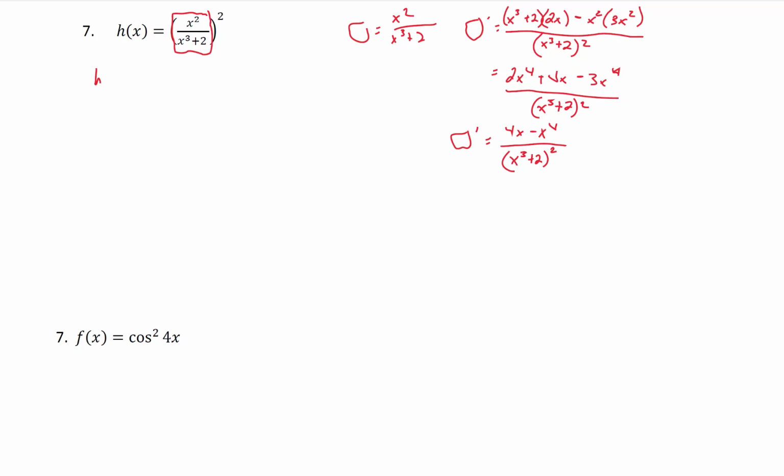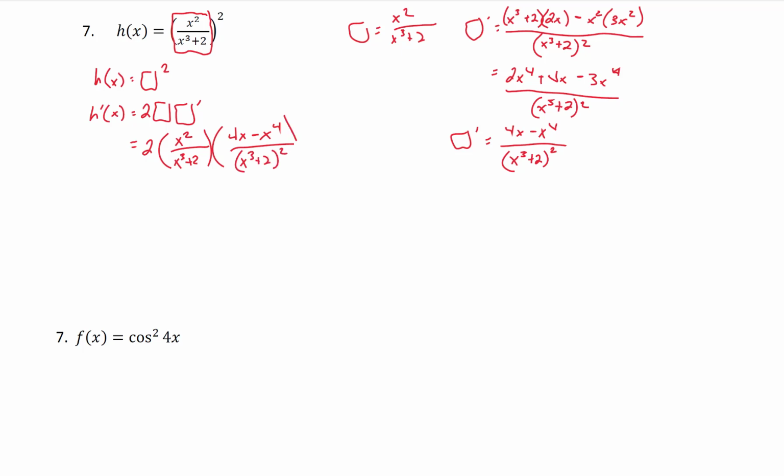Since we know h of x is equal to blob squared, by the chain rule, h prime of x is 2 blob to the first power times blob prime. So that's 2 times the blob, x squared over x cubed plus 2, times the derivative of the blob, which we said was 4x minus x to the fourth over x cubed plus 2 quantity squared.